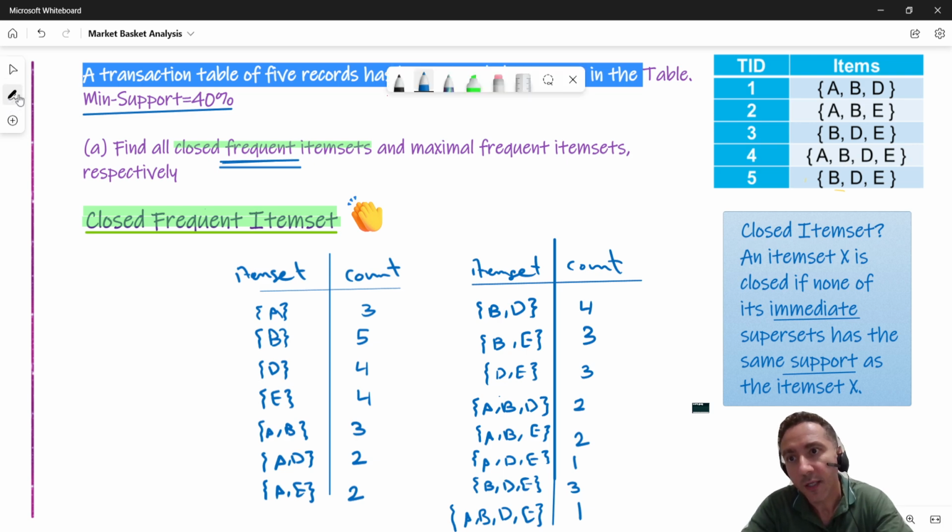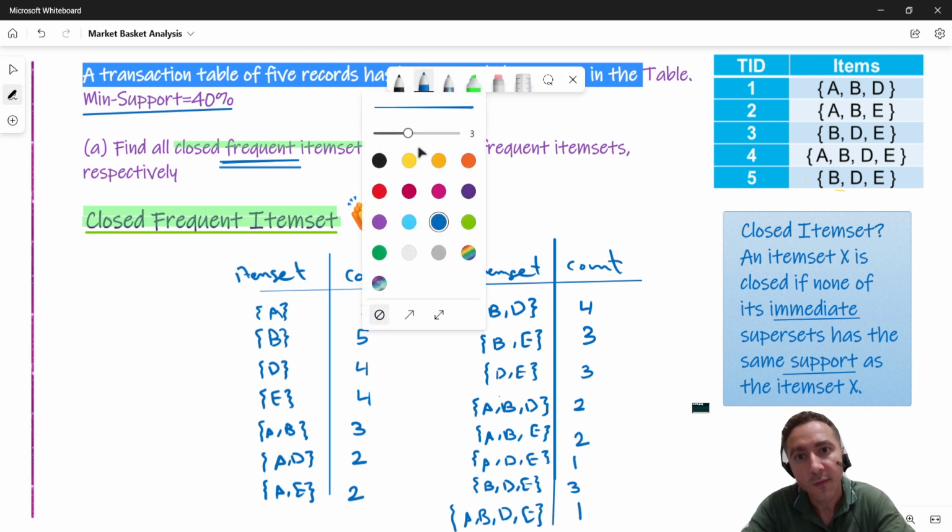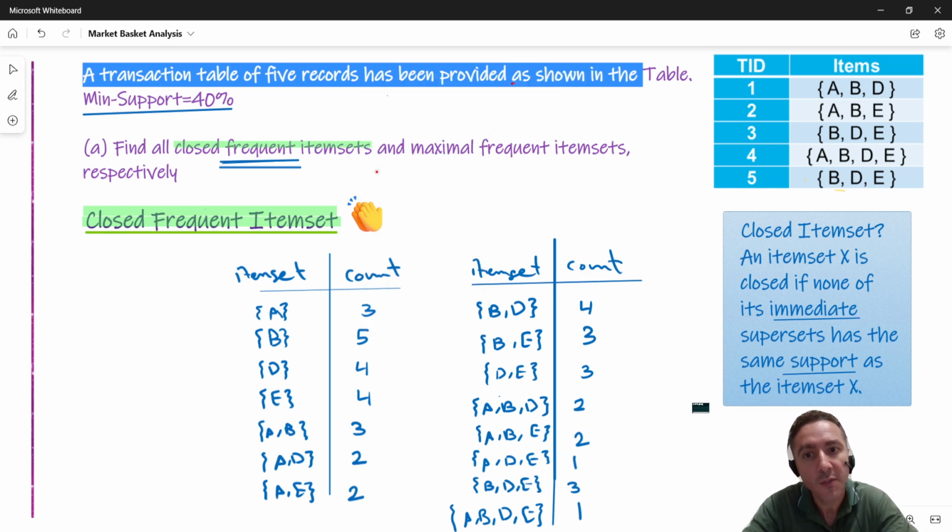Now, after we generated the item sets, we need to look if we have closed item sets. So again, in order to name such an item set closed, none of its immediate superset has the same support as the item set. So let's start to inspect A. What are its immediate superset?